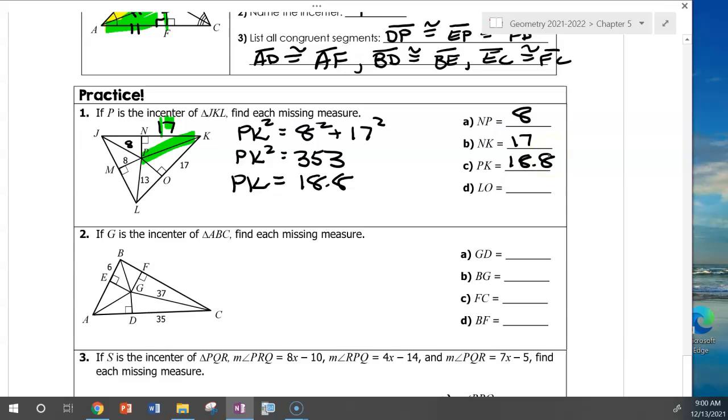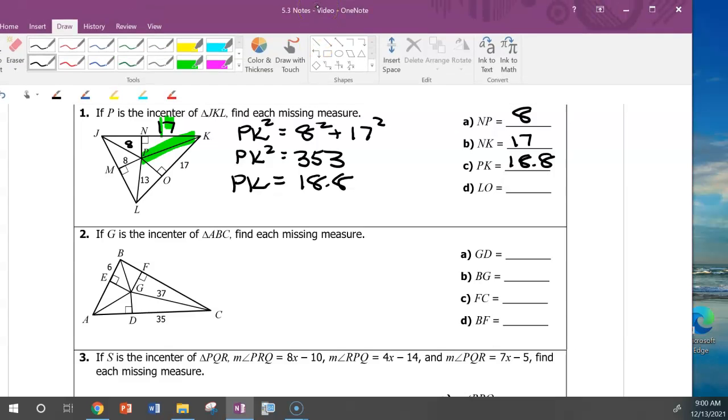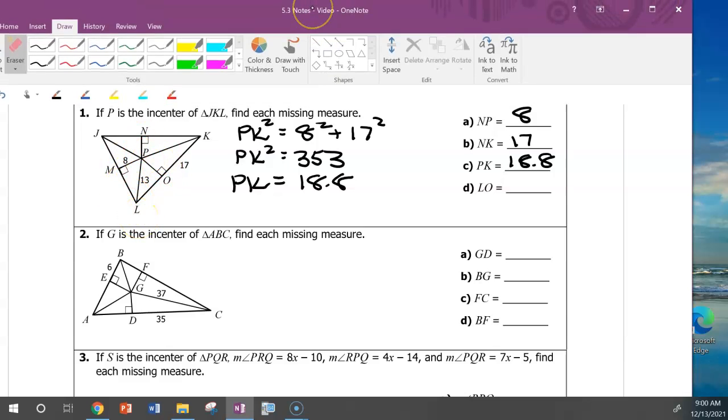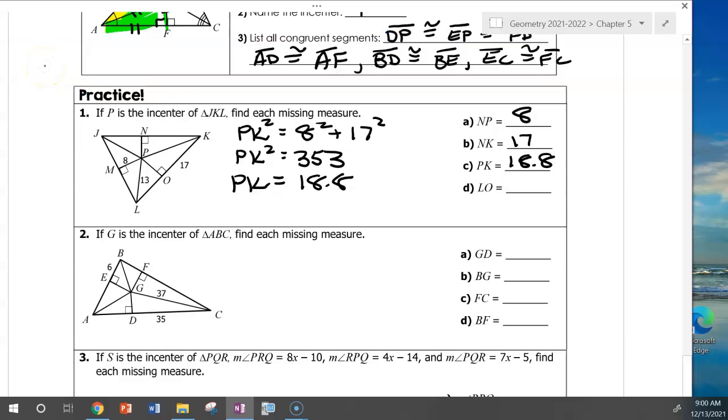And then it wants us to find LO. So let's take a look at that one. This one I know is 13. Okay. LO is what I'm looking for, so I'm going to put a little question mark there. And I know that PO is the same as NP, so that is 8.